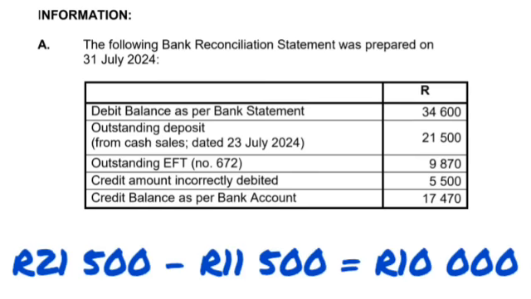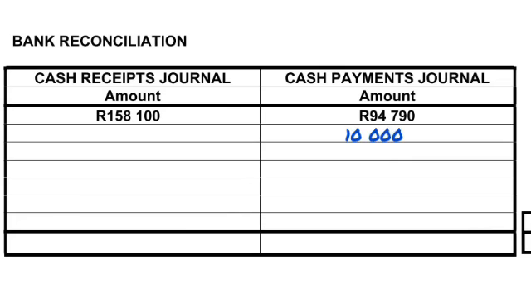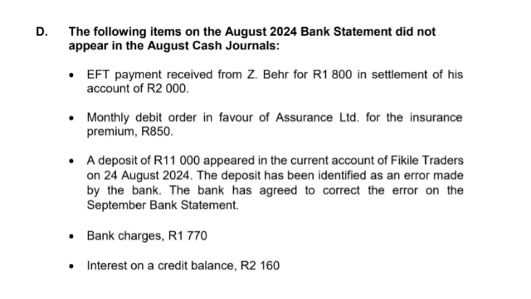Our outstanding deposit was 21,500 and we received 11,500, so the difference is what we are going to write off. Since this was an income, we write it off in the opposite journal, which is the cash payment journal. So in the cash payment journal, we record the 10,000 to show that we are cancelling it, it's no longer an income.